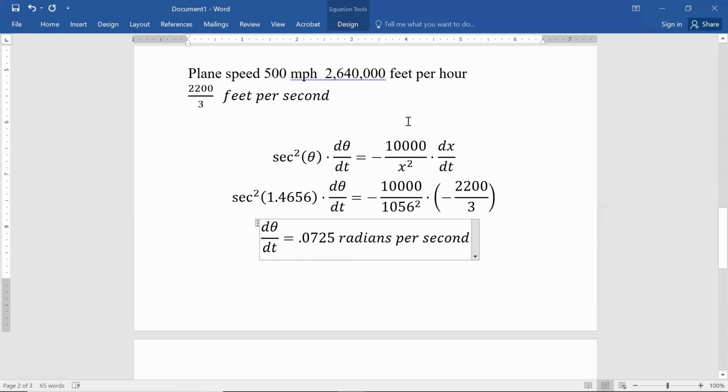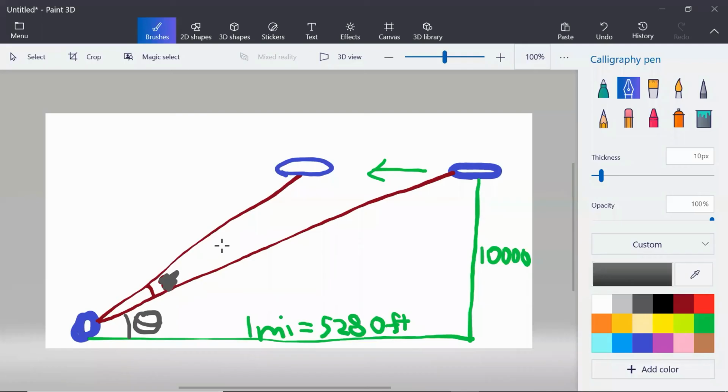And that should make sense with your common sense understanding of how this works. As this plane gets closer and closer and closer, this gun is going to have to change at a much faster rate. It's going to have to change a lot quicker as the plane gets closer and closer and closer.